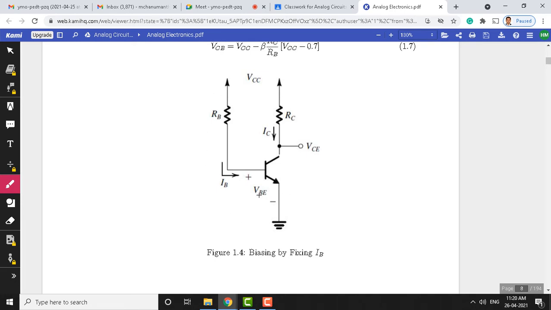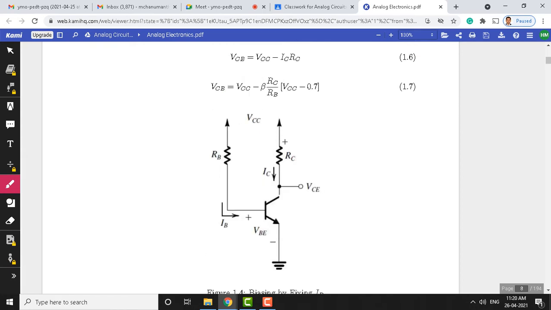Unlike the earlier case, where we maintained constant base emitter voltage, here we are maintaining base current, not the base emitter voltage. Even here we assume the base emitter voltage is a constant, though variations of base emitter voltage exist, but we try to maintain the base current as a constant. Now, let us see how this circuit works for changes in the transistor parameters.